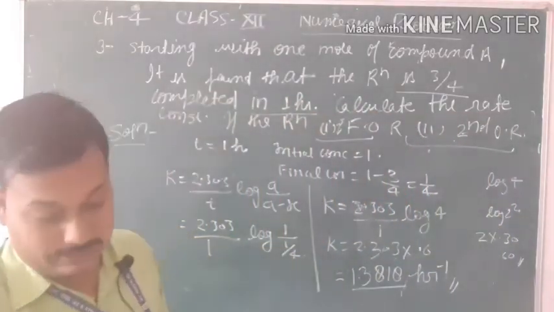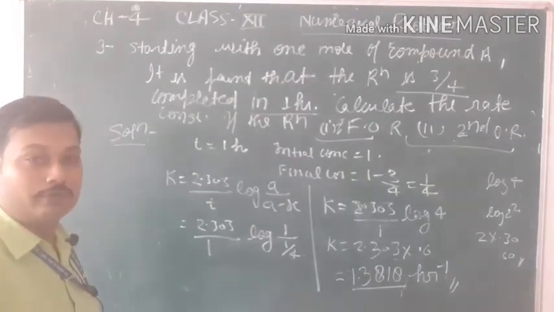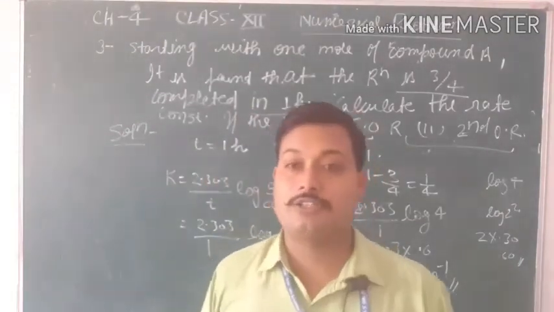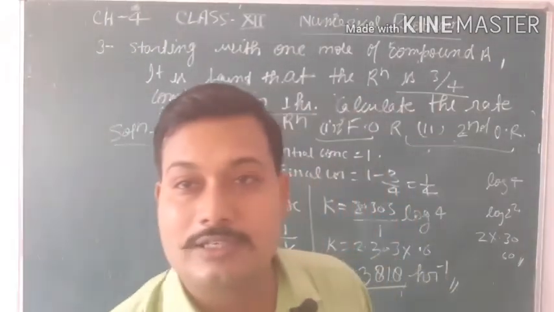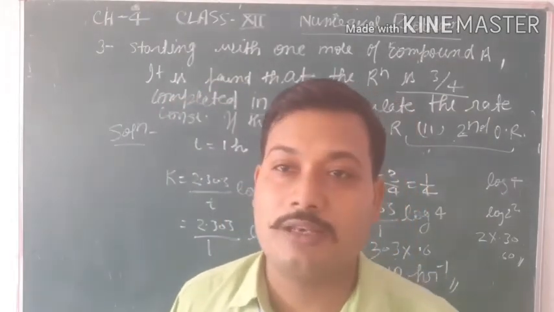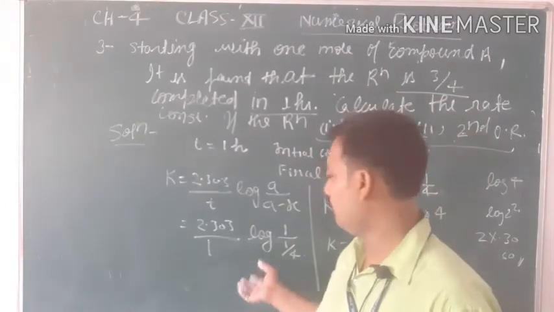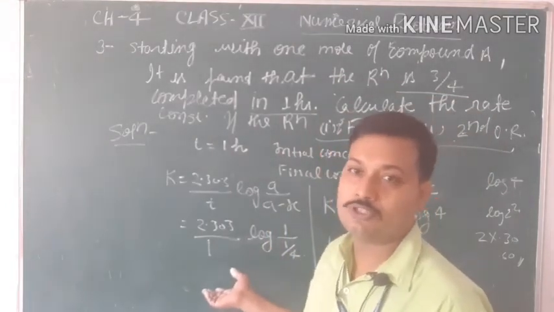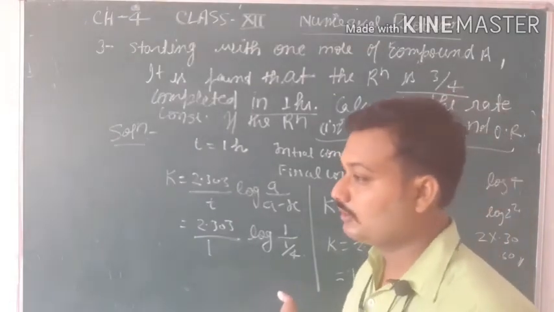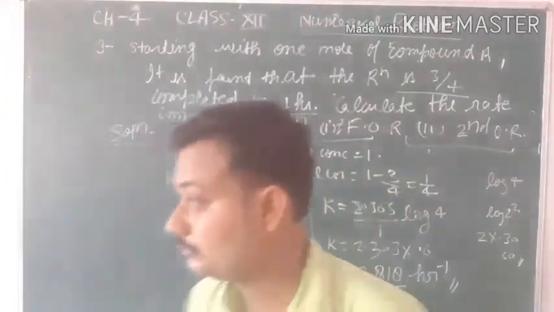If the reaction is second order, then what do we get? First of all, note it and try to understand. The initial concentration is 1 and the final concentration remains 1 minus 3 upon 4, which is equal to 1 by 4. On putting the value in the equation of first order reaction, we get the answer. Okay students, now for the second order reaction, try to understand.